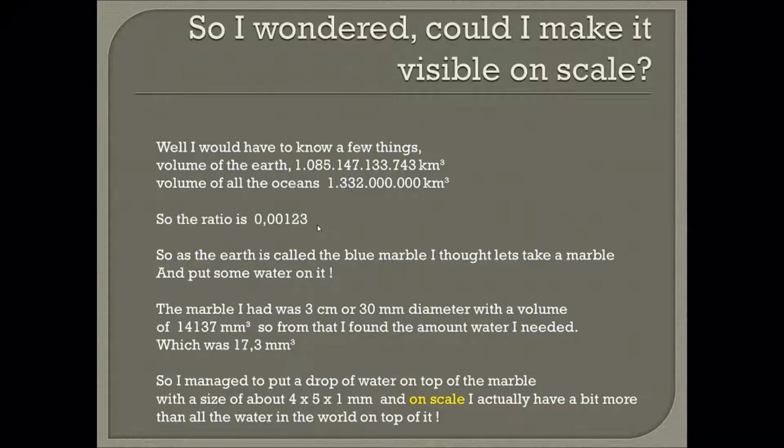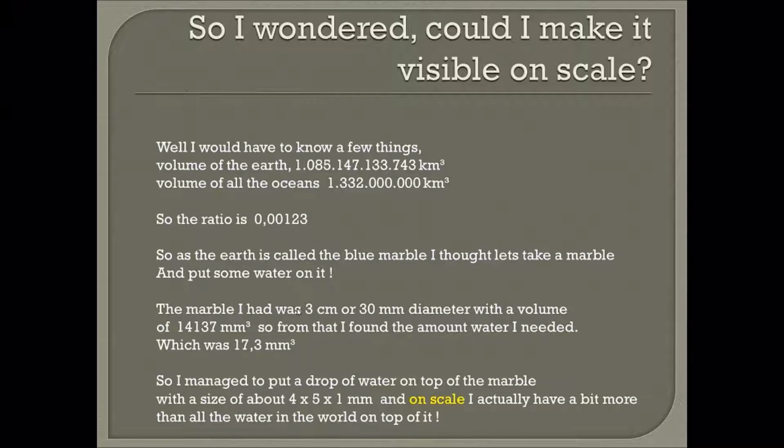So that means 30 millimeters in diameter, and therefore you can calculate its volume, which is 14,000 cubic millimeters. And if we now take the ratio, we find that the amount of water I need is 17.3 cubic millimeters.